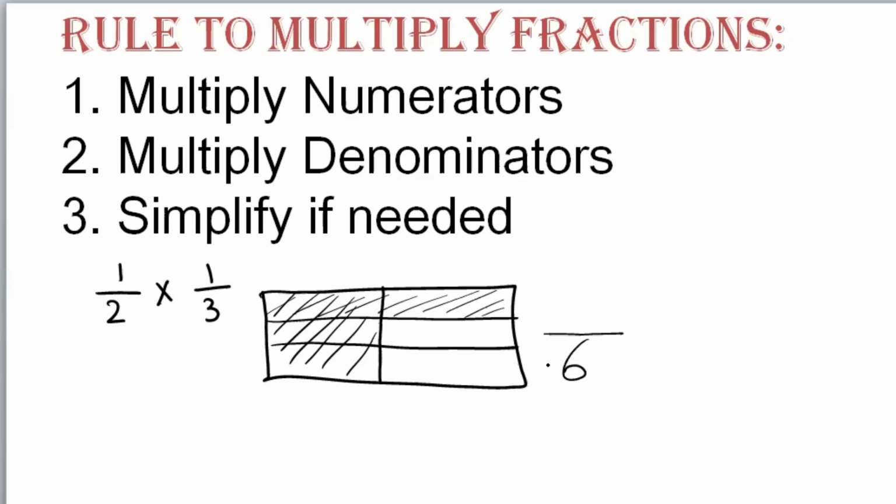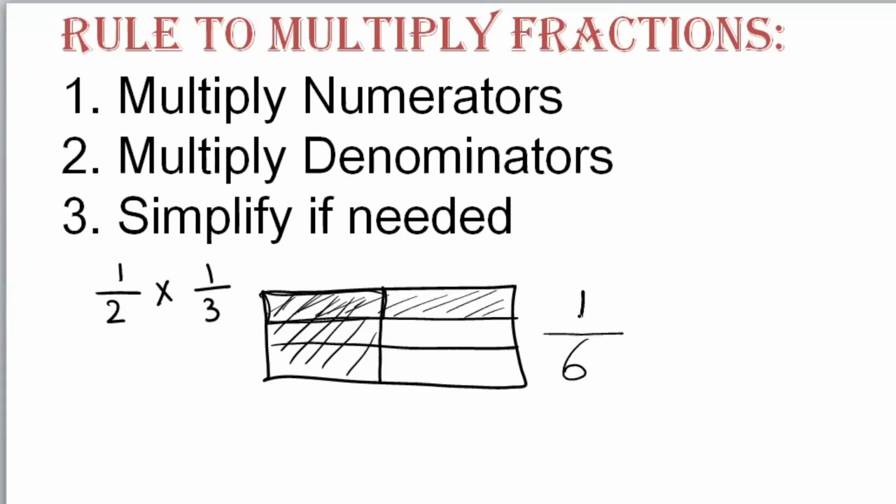And then we have to find how many parts are double shaded. Can you see this part? This one is shaded two times. One for the half and the second time for the 1/3. So how many parts are double shaded?